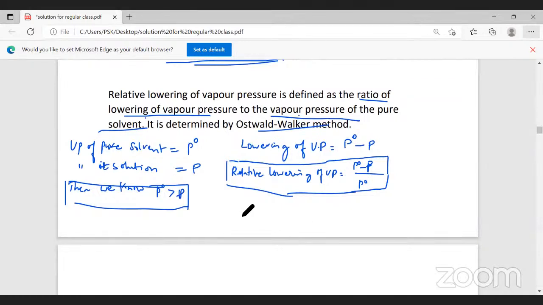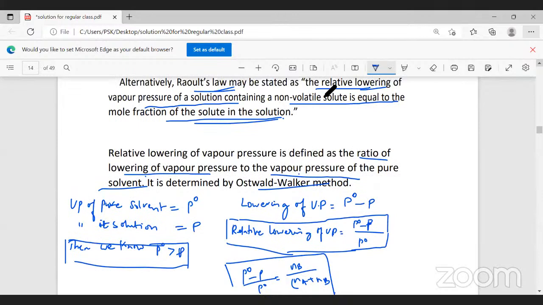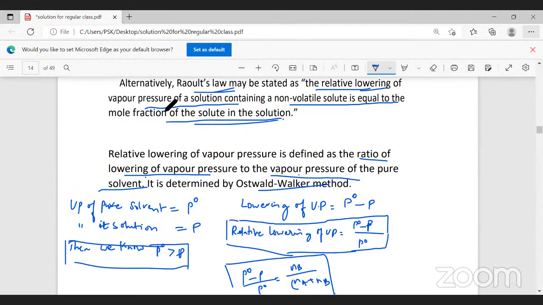If that's the case, I can write P naught minus P divided by P naught is equal to NB divided by NA plus NB. What is this NB? Number of moles of solute. NA is the number of moles of solvent. Now, the statement says the relative lowering of vapor pressure of a solution containing a non-volatile solute is equal to the mole fraction of the solute in a solution.